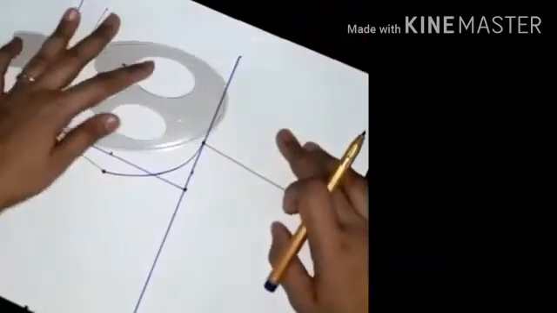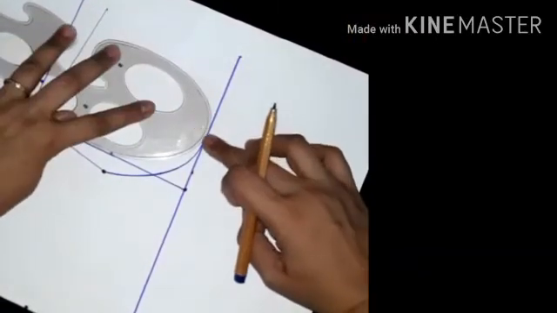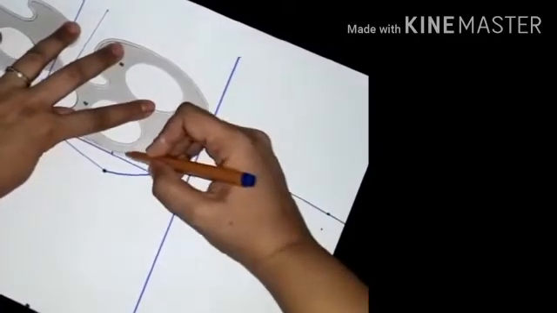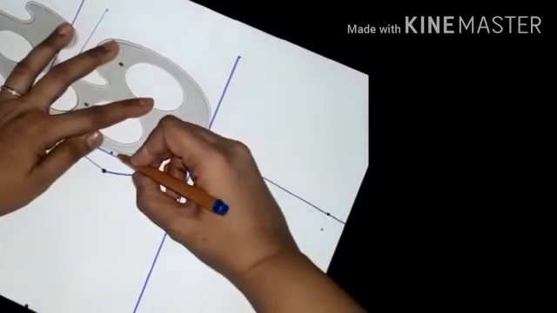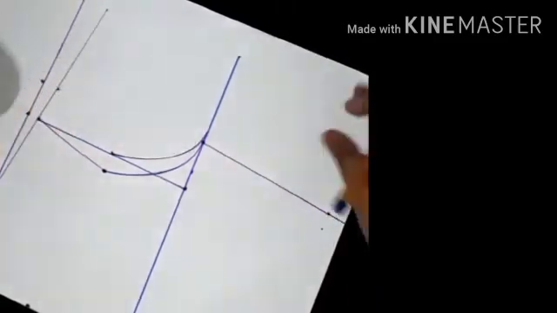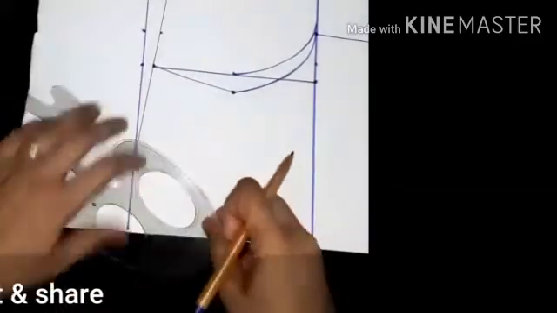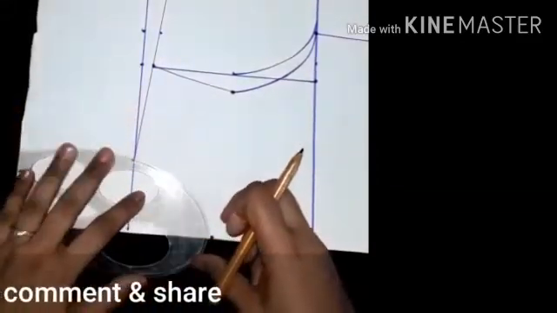Now draw a curved line for the back side armhole. Now these are both side armhole curves. Next, make a curve of the neckline.